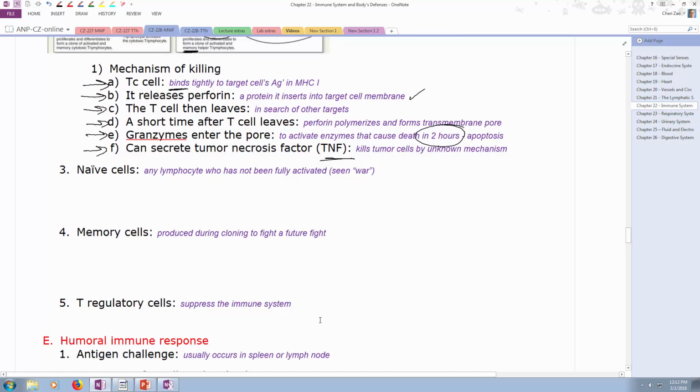Let's go in and add to our notes for naive cell. Any lymphocyte who has not been fully activated, or we can say has not seen war. Cells that are naive are T or B cells, T or B lymphocytes, helper or cytotoxic cells.